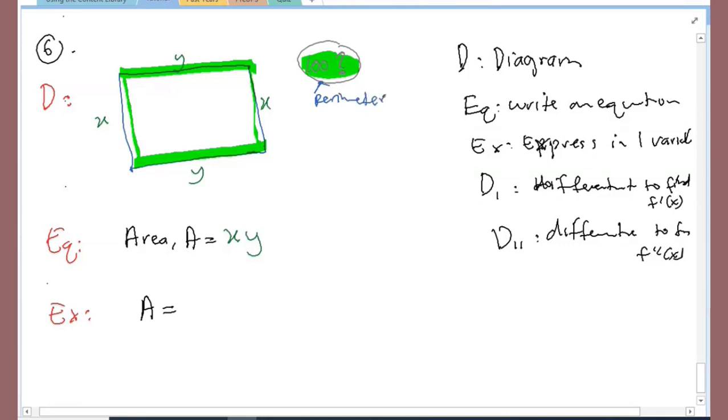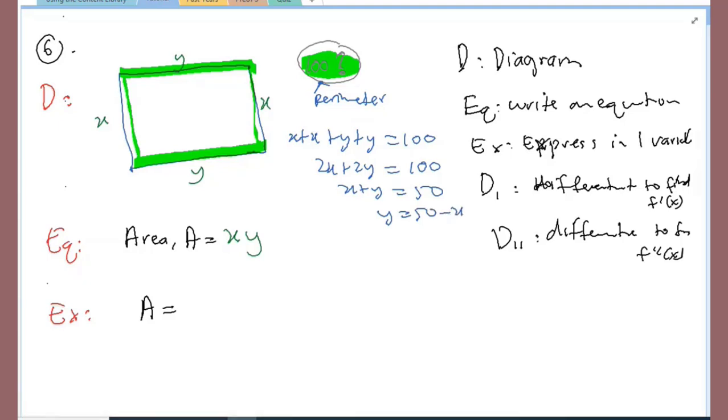Of course, imagine in the real world you form a garden fence. So 2x plus 2y is equal to 100, so x plus y is equal to 50. To get rid of y, y equals 50 minus x.